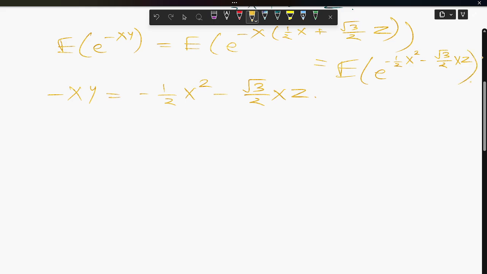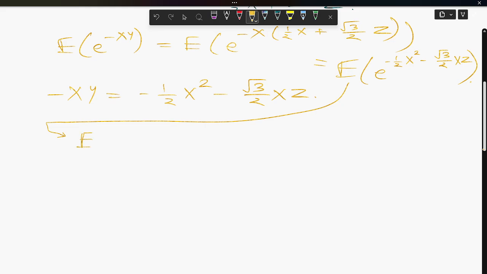Now we are going to use the independence of X and Z. Since X and Z are independent, we can factor the expectation.